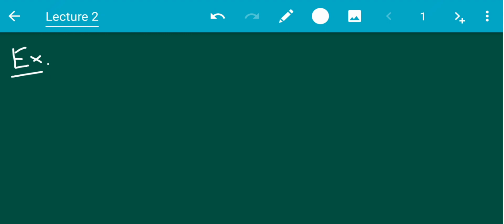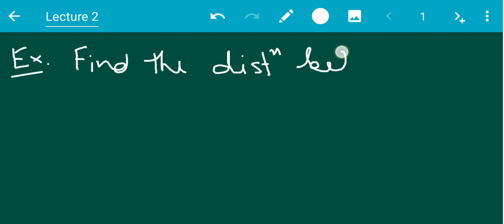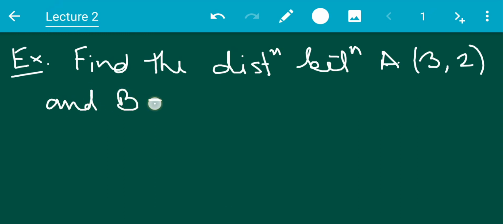The question is: find the distance between A(3, 2) and B(-1, 1). So ultimately we find AB.